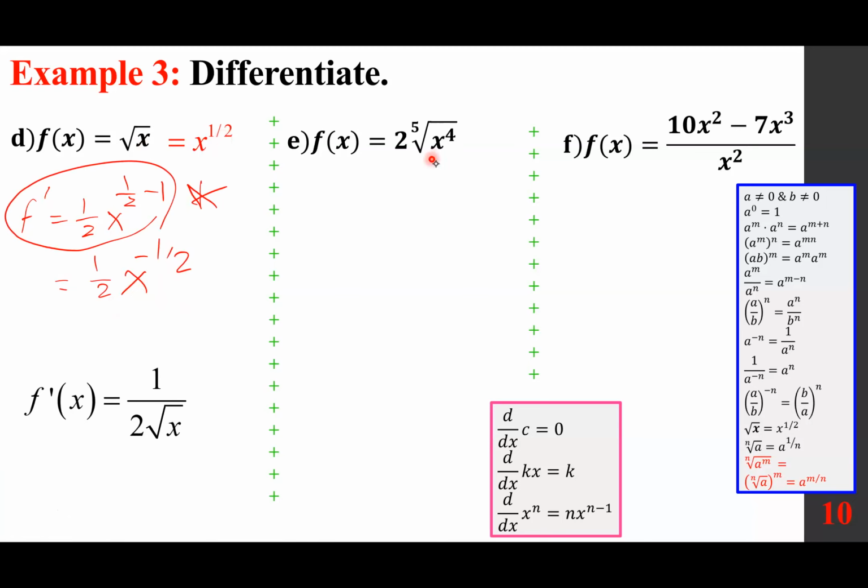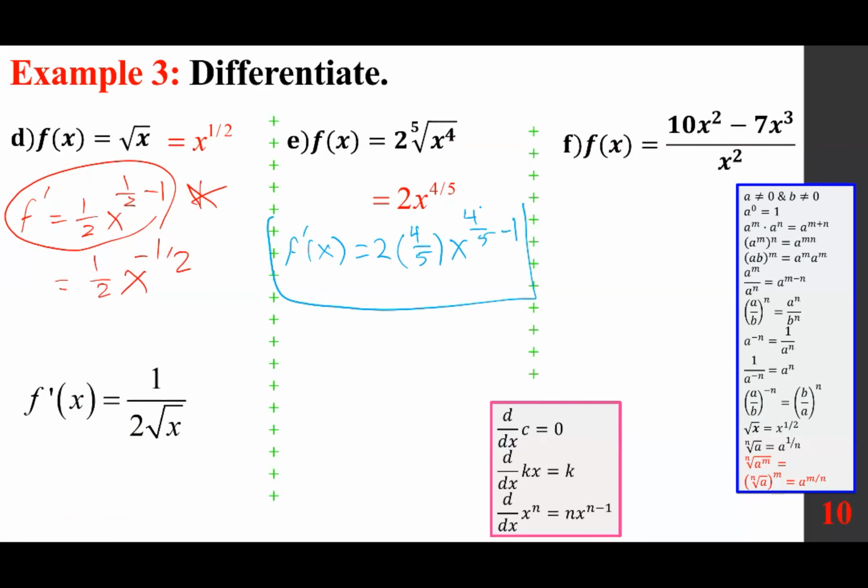Again, the way it's given, I can't use the power rule, so I'm going to write 2 x to the power of 4/5. I'm going to use the power rule on that. F prime of x is 2 times 4 over 5, x to the power of 4 over 5 minus 1, which is the one and only calculus step.